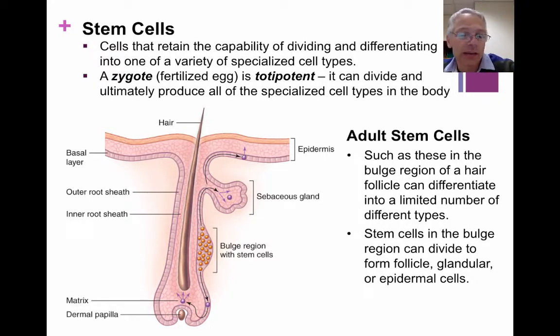And there's a good example of that in the diagram here, showing a hair follicle with this small region called the bulge region that has a collection of stem cells that replaces the various types of cells that make up the hair follicle as they die or as they divide to make up hair as it grows. So most adult stem cells are like this. They maintain a limited ability to divide and differentiate compared to those of our early embryonic days.